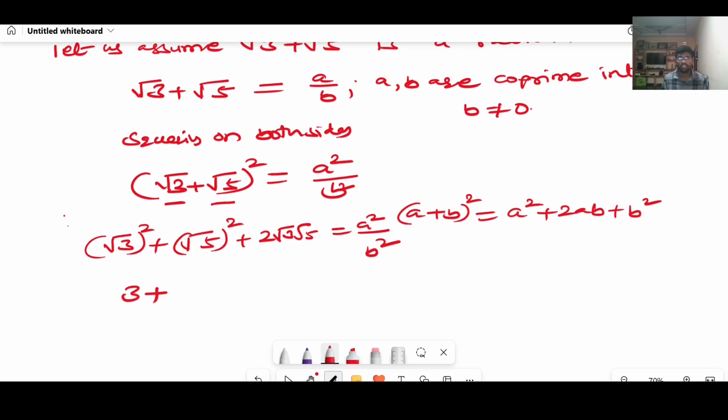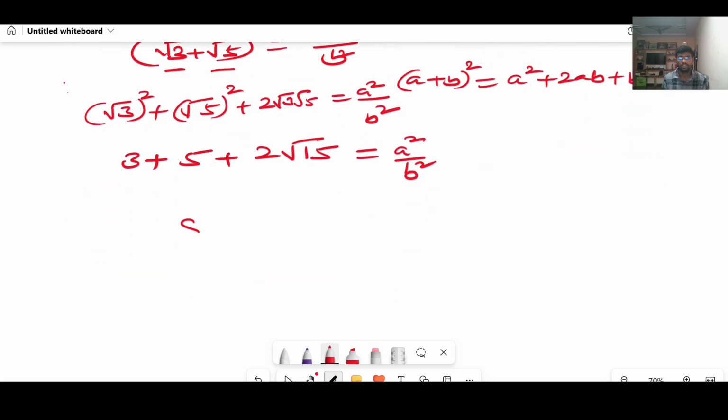It can be 3 plus 5 plus 2 root 15 equal to a square by b square. Right, now 8 plus 2 root 15 equal to a square by b square.